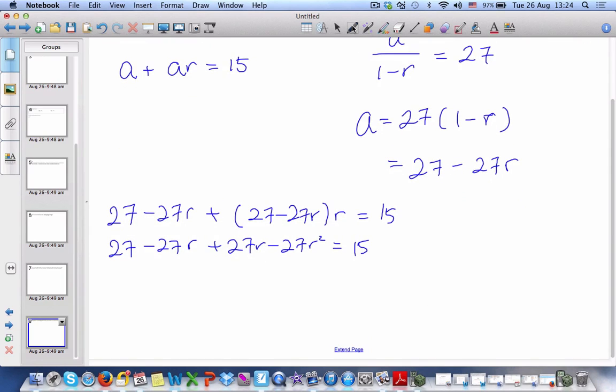Okay. These two cancel. Okay, and I'm going to move everything to the right side. So 0 is equal to 27R squared, and 15 minus 27 is going to be minus 12.